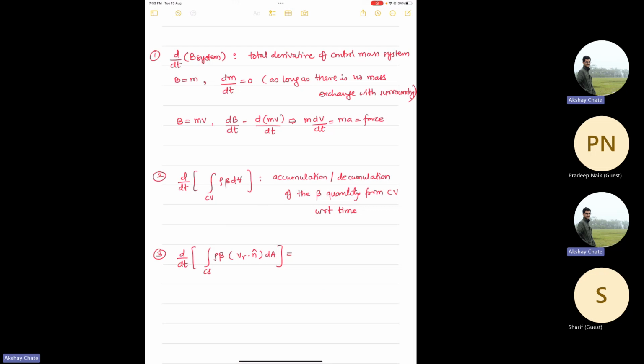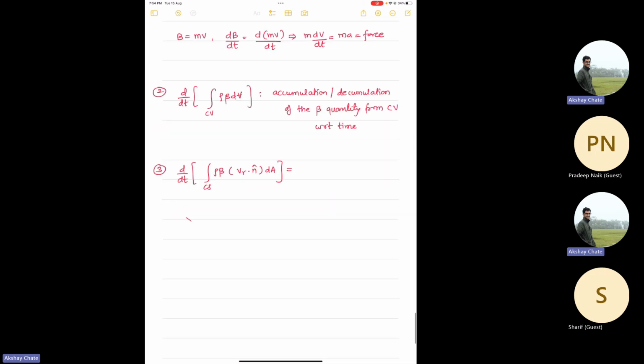For example, let's say I have some control surface like this, and what is this small n dot n cap? Let's say at any point I am defining one unit normal outward vector n cap. So when I take the dot product of relative velocity, okay, before that I'll explain what this actually is.